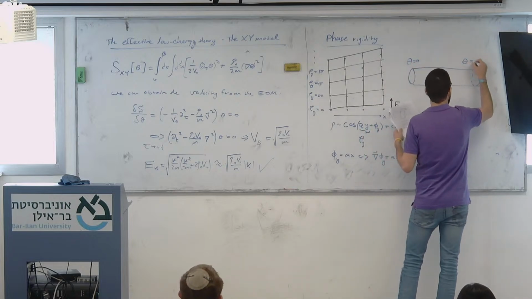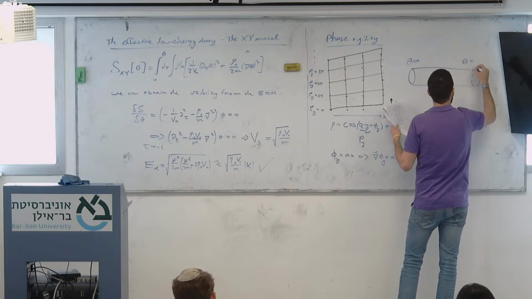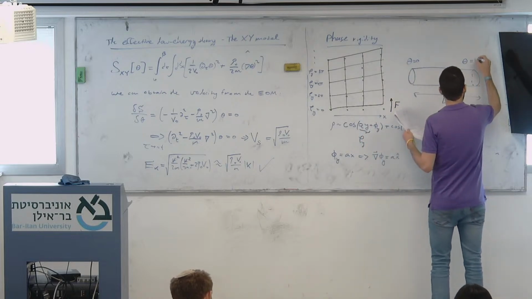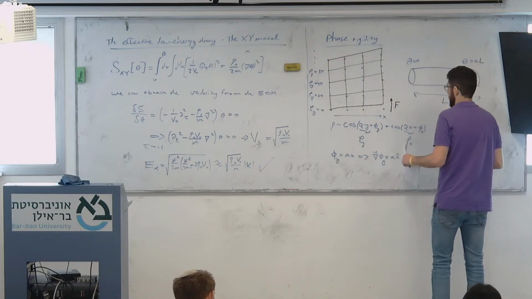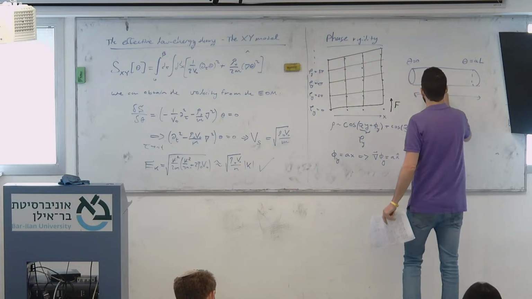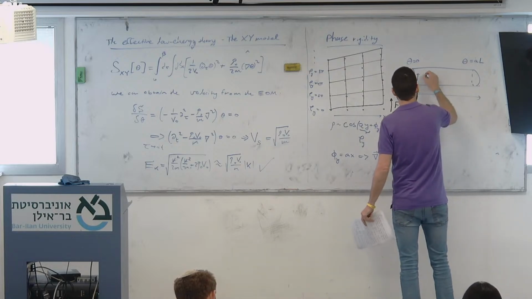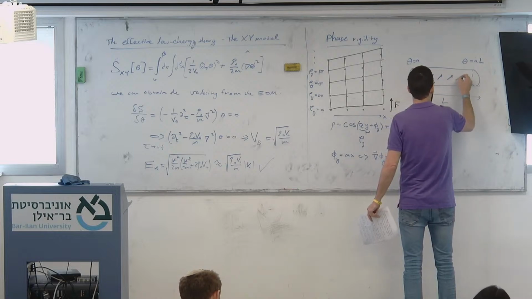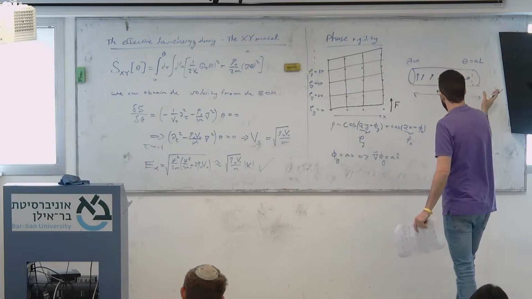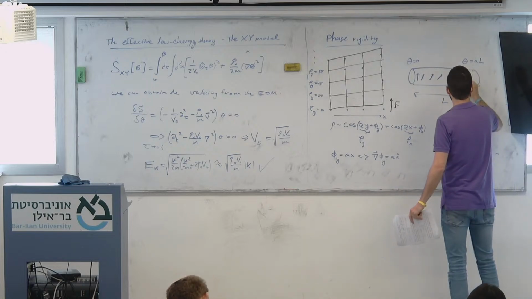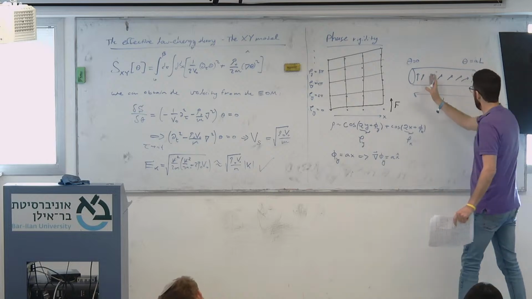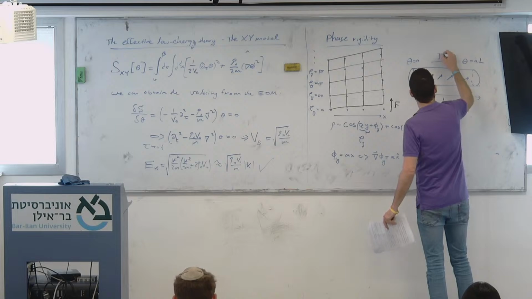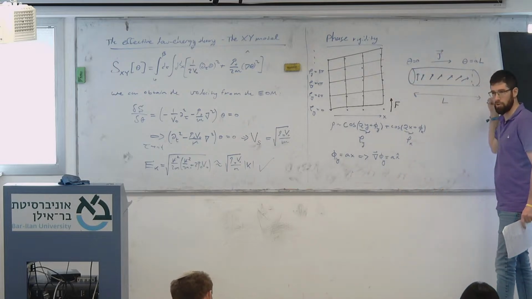And here I have theta equal to, so this is like length L, so here I have A times L. So this means that my phase is slowly rotating. And we know that this implies a current. A current is flowing in this direction.